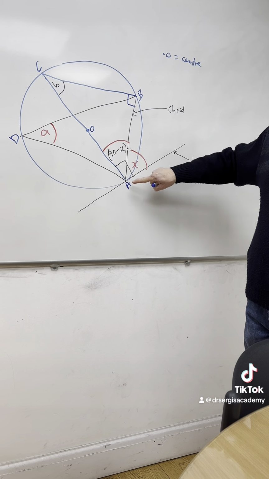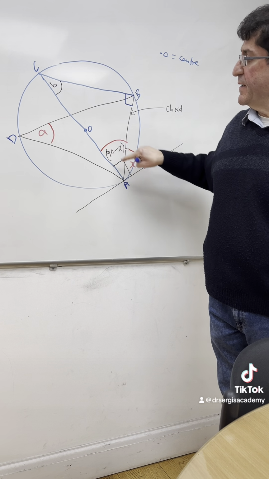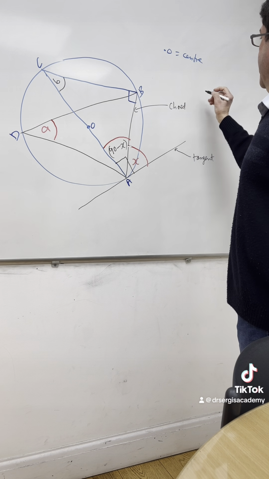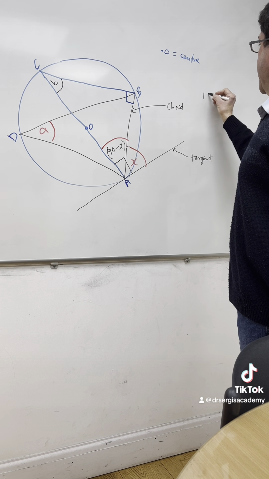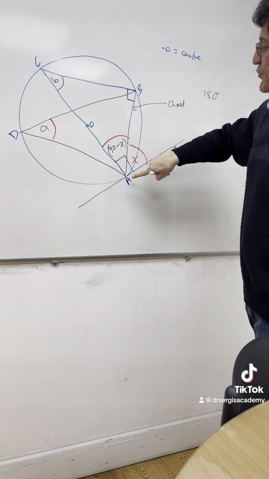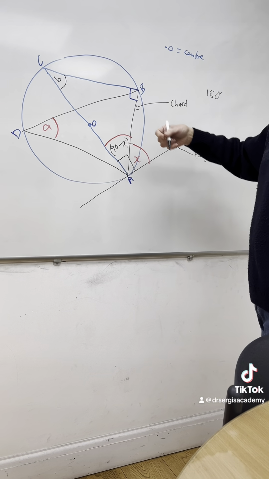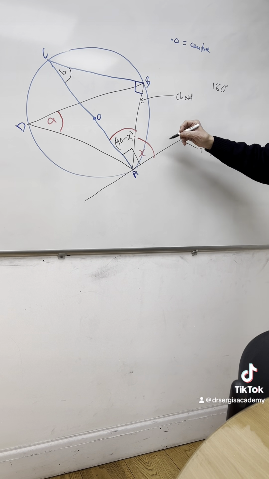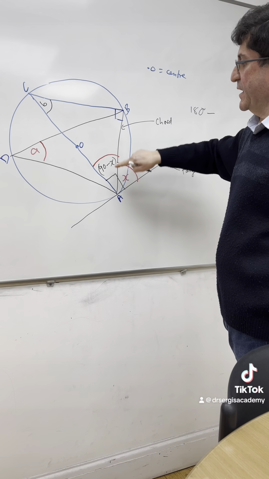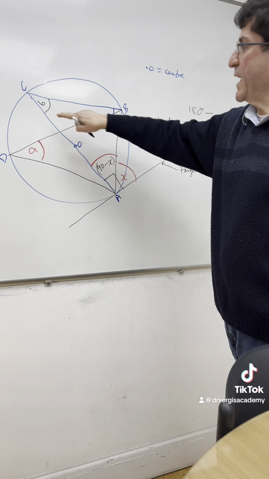So angle B must be 180 degrees, take away these two, 90 and this, must leave this angle.